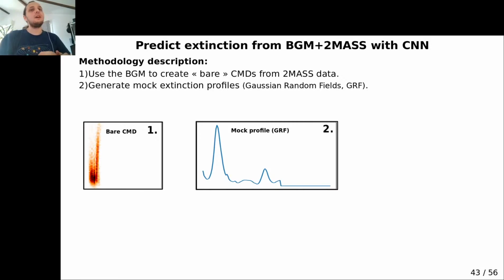Especially combining Gaussian random fields was demonstrated recently. I will not remember it right now, but I have a recent paper about multiplying Gaussian random fields to create realistic dust distributions. So yes, it's not perfect, but it apparently works quite well.